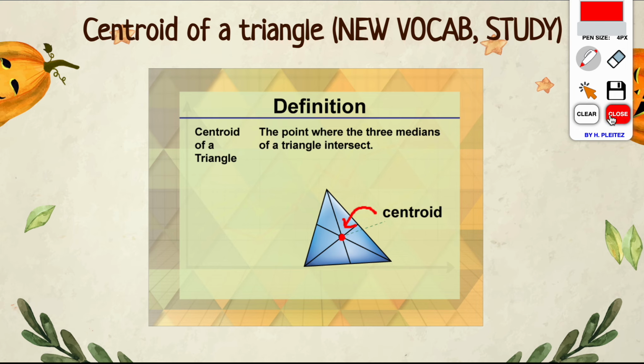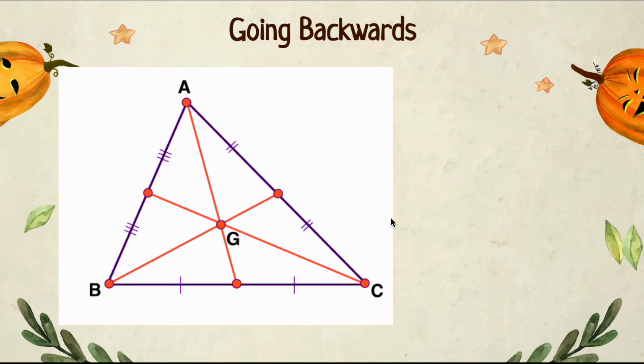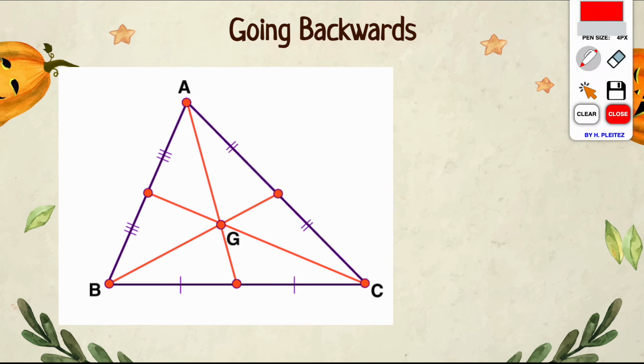Now we're going to spend some time going over these constructions as well. Just to be clear, we should again be able to go backwards. This is a more complex diagram. If you were given something like this, you would have to be able to identify, hey, I have a bunch of segments going on, but at all 3 of the intersection points, I'm seeing that my sides are being split into congruent parts.